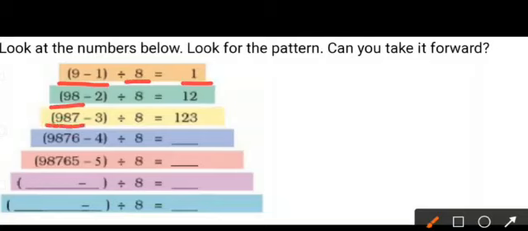Then 9 8 7, again the number before 8, that is 7. In the same way we write 9 8 7 6. Next step 9 8 7 6 5. At each step we have to write down the number before the last number.